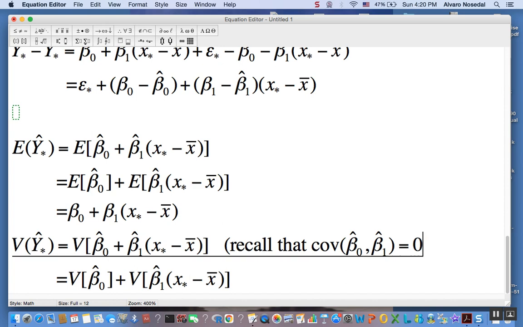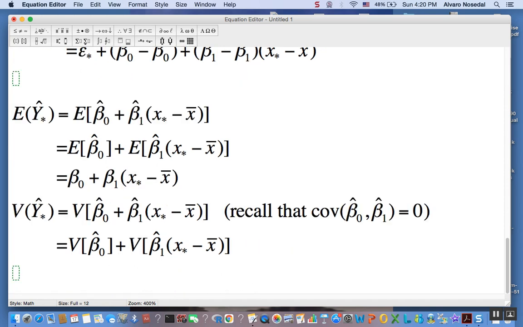That's why we were able to re-express the variance of that sum as the sum of variances. Now let's use properties of variance. Variance of beta hat 0, remember we derived that one just a few minutes ago together, is sigma square divided by n.